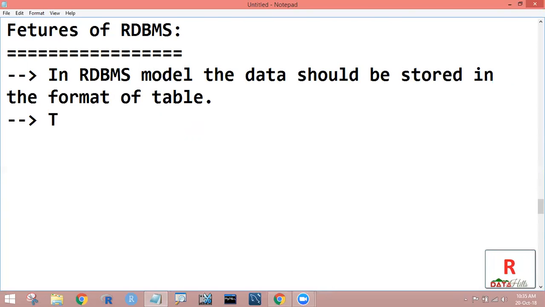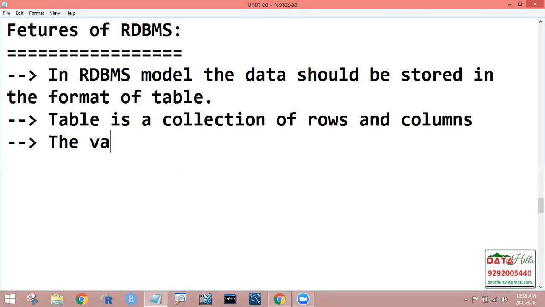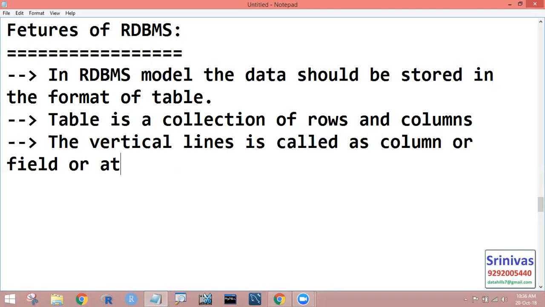A table is a collection of rows and columns. Here, the vertical lines that we have are called columns, or we can also call them a field, or an attribute.